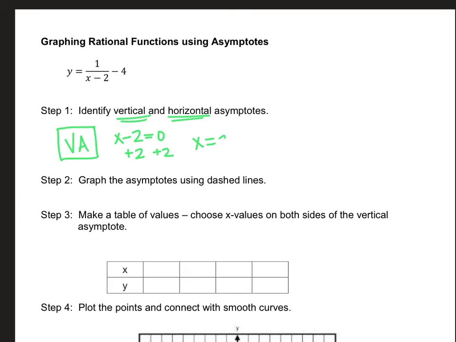X equals 2 is our vertical asymptote. For the horizontal asymptote, we look for the constant on the end, minus 4, so we have to put it in the form y equals, a little neater looking than that, y equals negative 4.